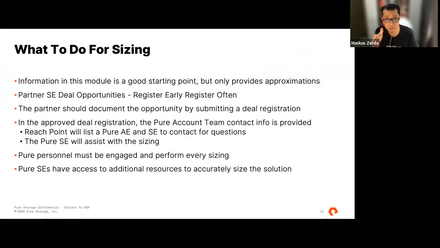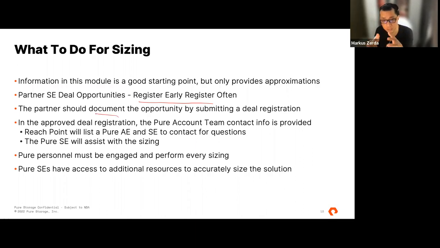The first step whenever you're sizing a FlashBlade is to register that particular customer. Once you register, an AE and an SE will be assigned to your customer. Once you have that, you should be able to document your opportunity.